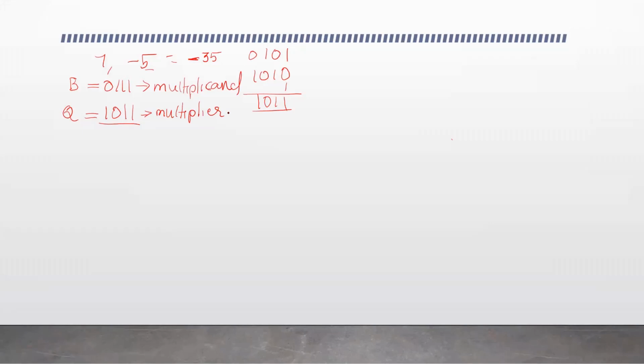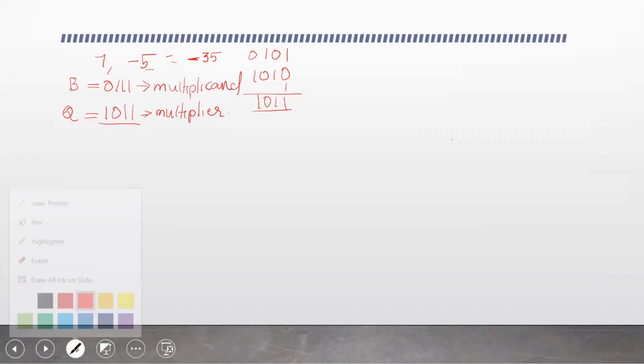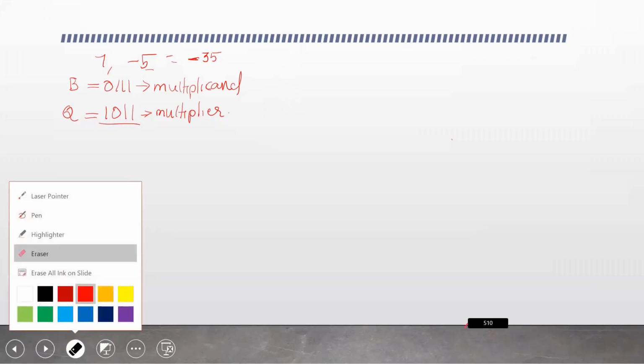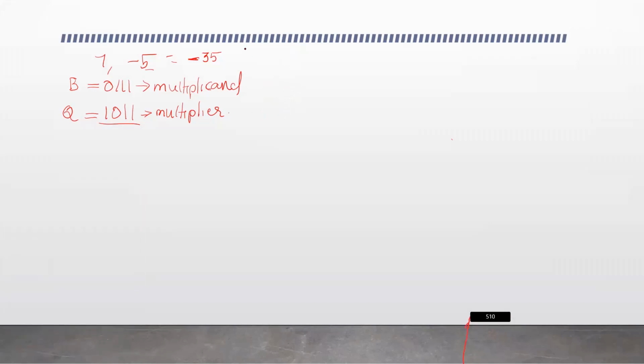So let's make that table. Let's take the registers Q0 and Q1, the A register, the resultant register, and Q, the multiplier.